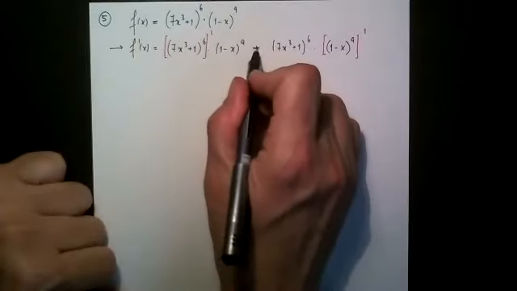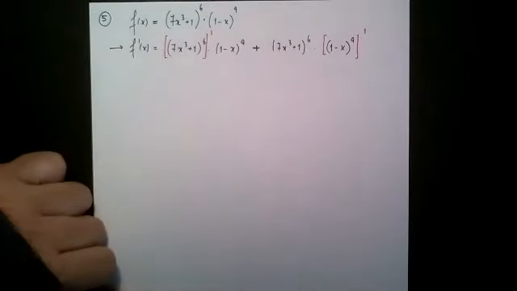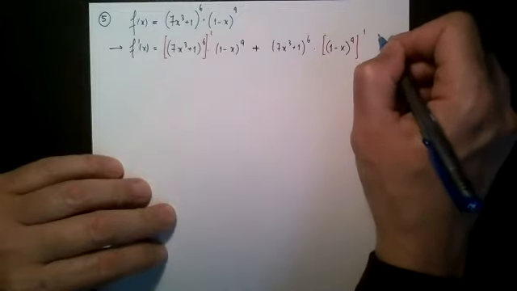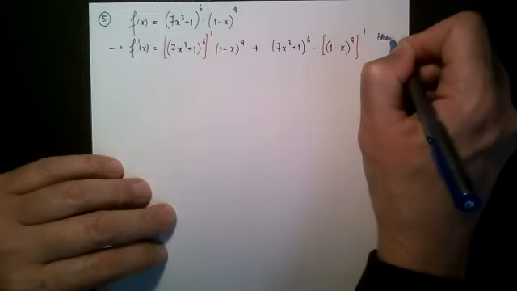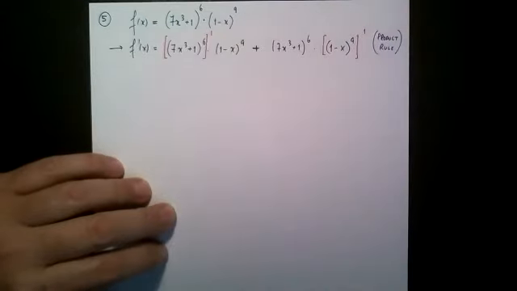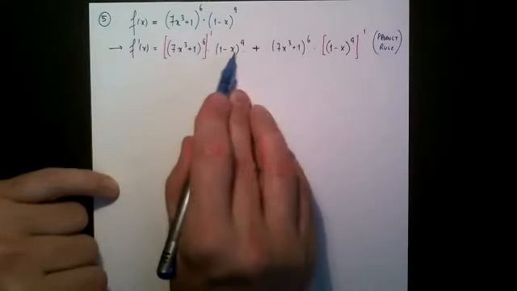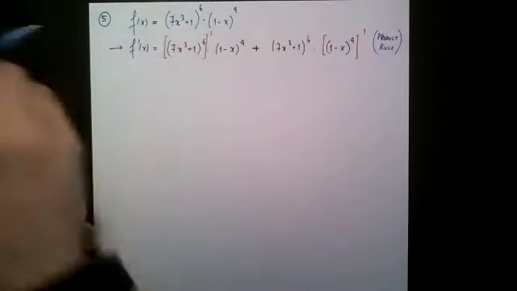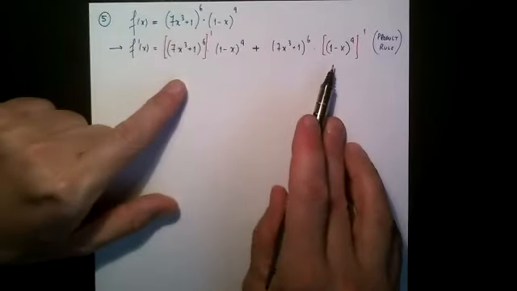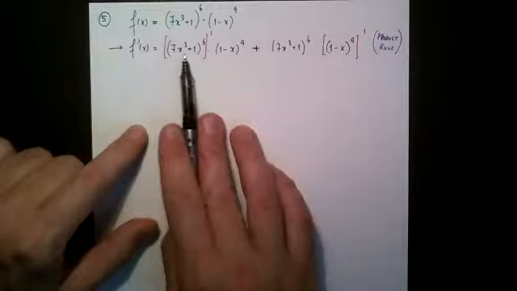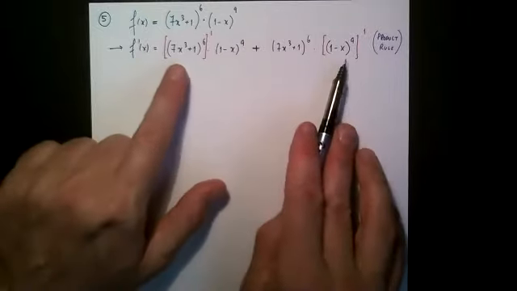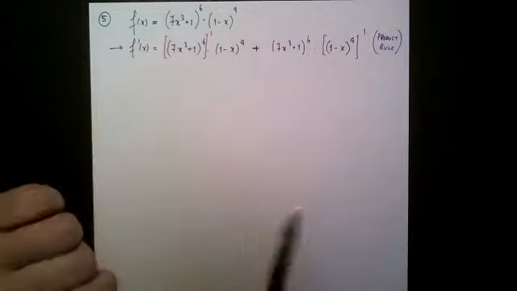Do you understand what I just did? This comes from the product rule: U prime V plus UV prime. And now I have just two derivatives to find. This one is finished, and these are the two left that I have to take care of.